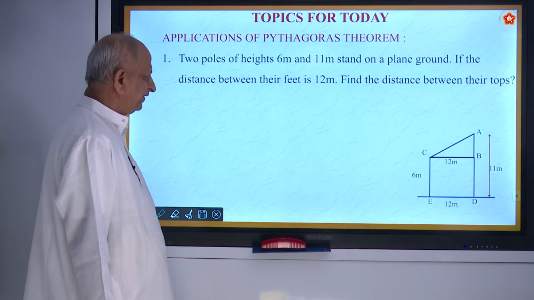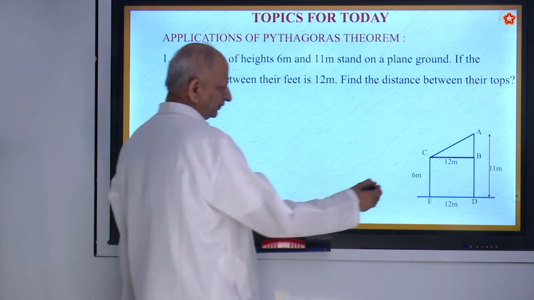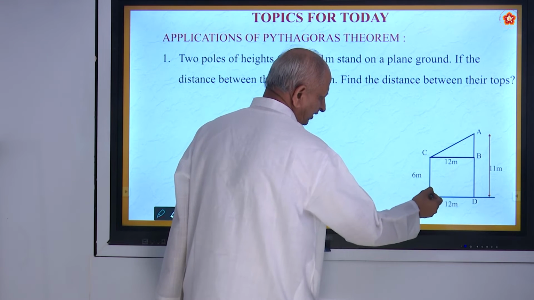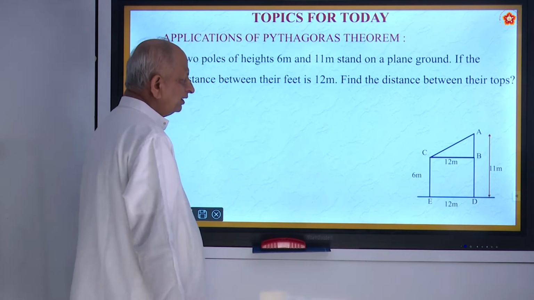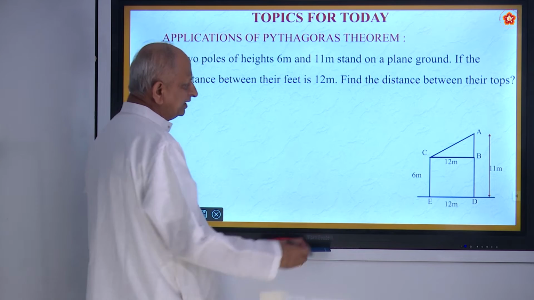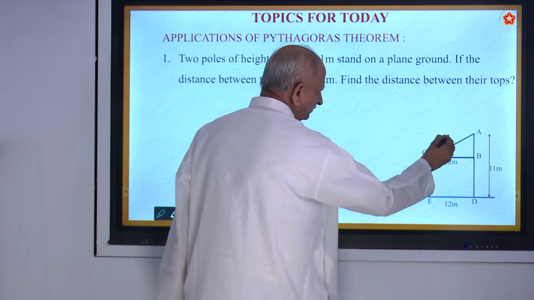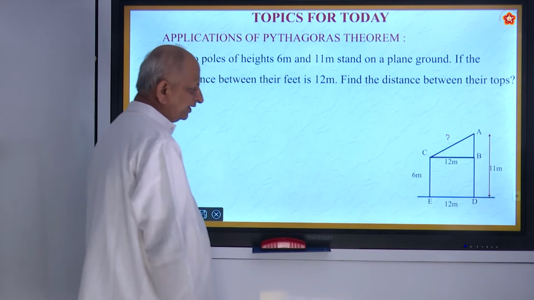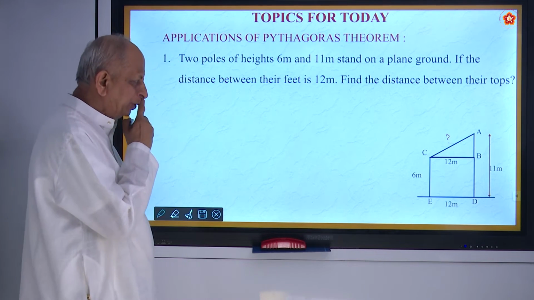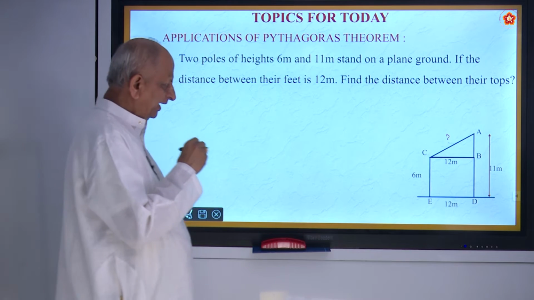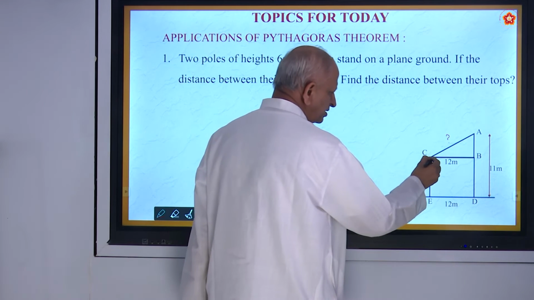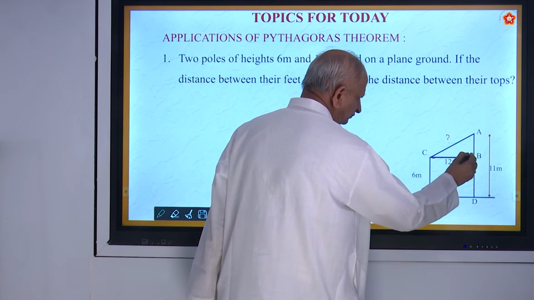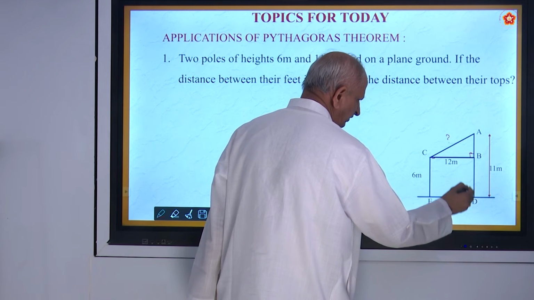The distance between the feet is 12 meters. Now they are asking what is the distance between the tops. How to do it? For that, you have to draw a perpendicular here. So if this is 90, this also becomes 90.